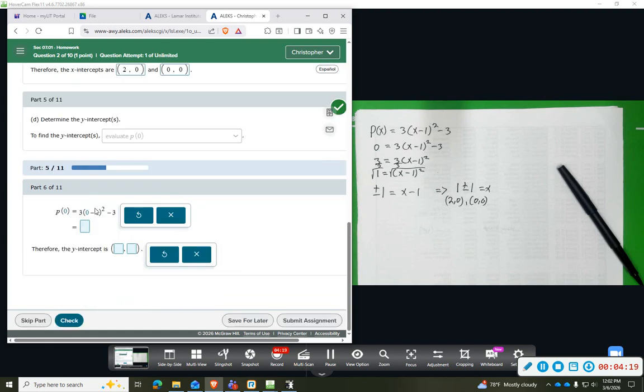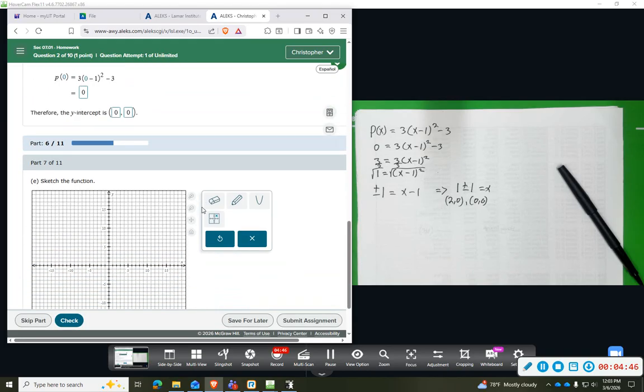And then if you go through the solving process, we'll get 0. And then you'll have 1 squared, which is 1. And then 3 times 1 is 3, minus 3 is 0. So I didn't go through the solving process, but I think you can do that much.